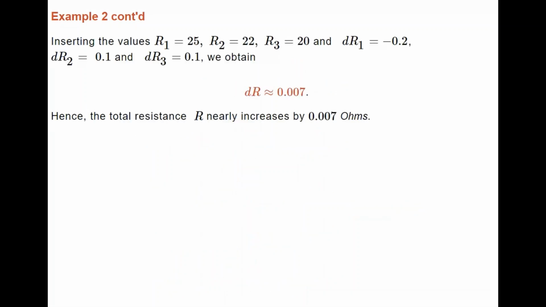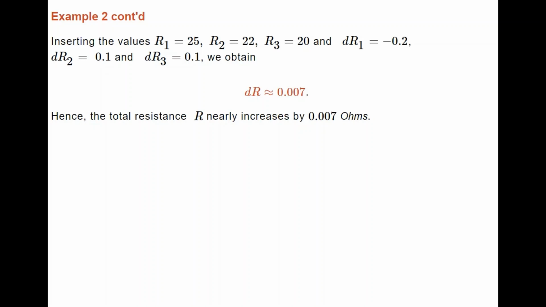Now all that remains to do is to insert the values of R1, R2, R3 and dR1, dR2, dR3 as calculated. And after inserting the values, our dR turns out to be nearly equal to 0.007. And once again, I would insist you to please verify it by doing all the calculations yourself by pausing the video right here. So the total resistance change dR turns out to be 0.007 ohms.